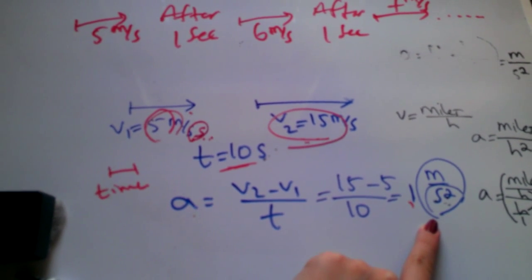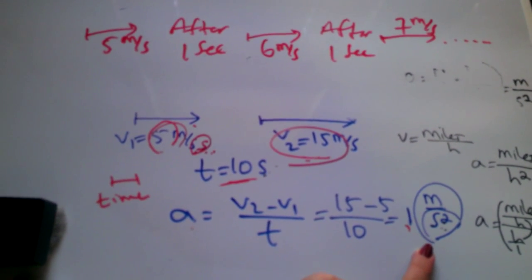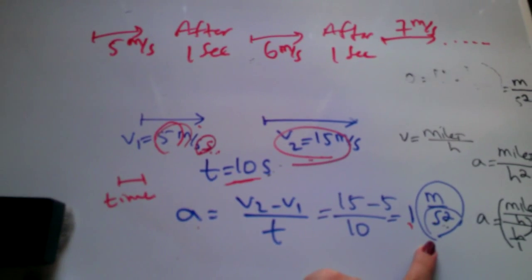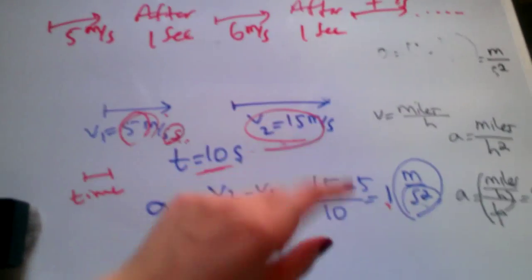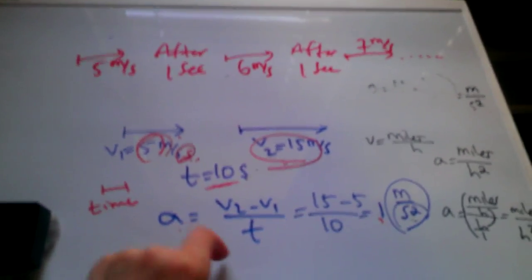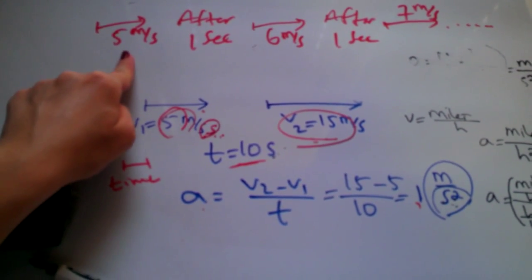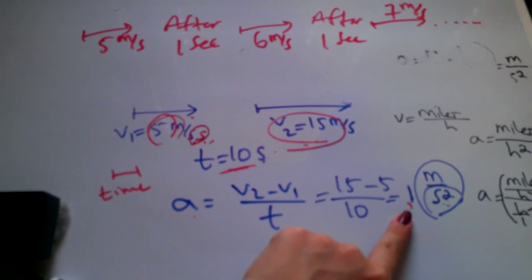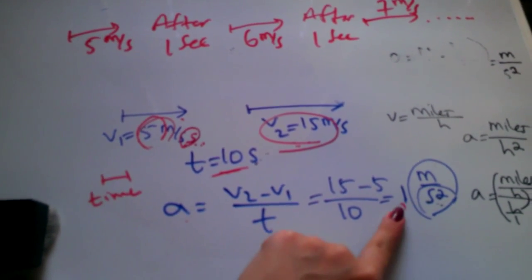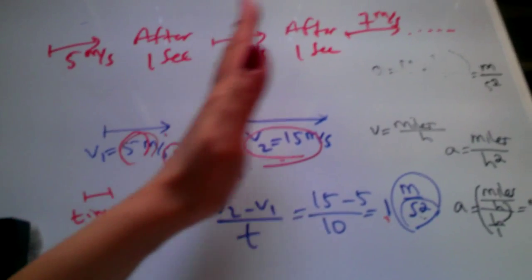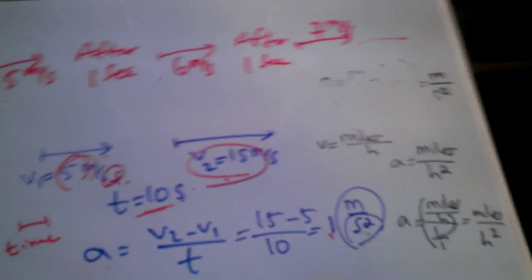So an acceleration of any number tells you, in that unit of time, here seconds, how much your velocity increases. I could give you acceleration in miles per hour squared. The unit of time there would be hours. In every single unit of time, you are increasing your velocity by this number. If this is 1, your velocity gets increased by 1.